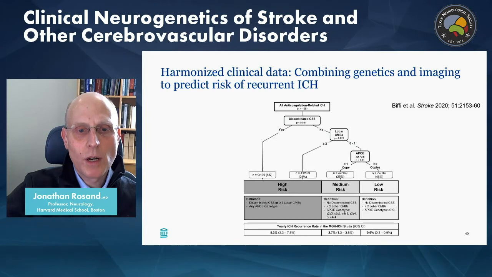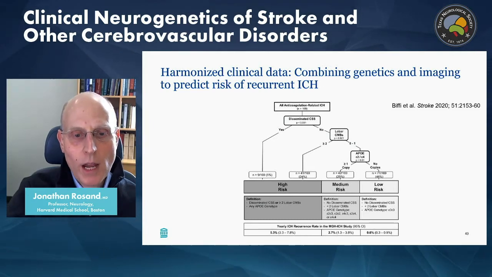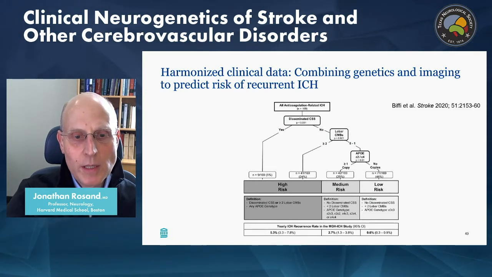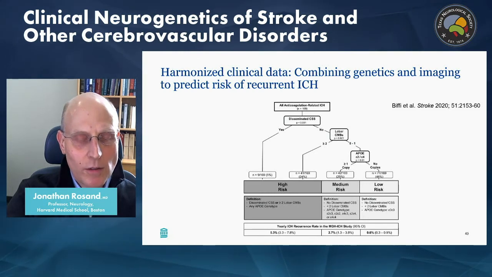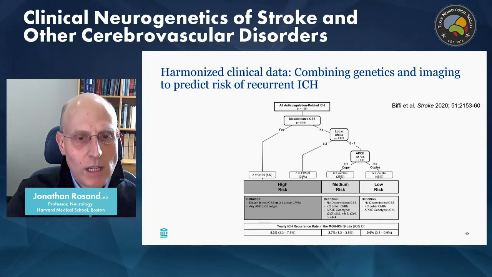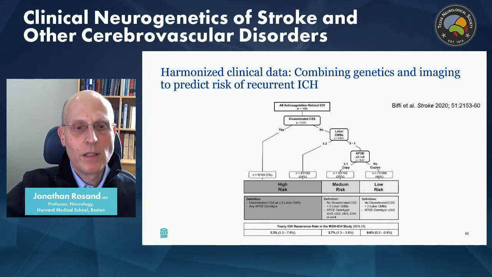Those individuals who are low risk, starting on the right, were at particularly low risk for recurrent hemorrhage over 5 years, 0.6%. They had no disseminated superficial siderosis on their imaging, fewer than 2 lobar cortical microbleeds, and their ApoE genotype was E3E3, which is the most common genotype.